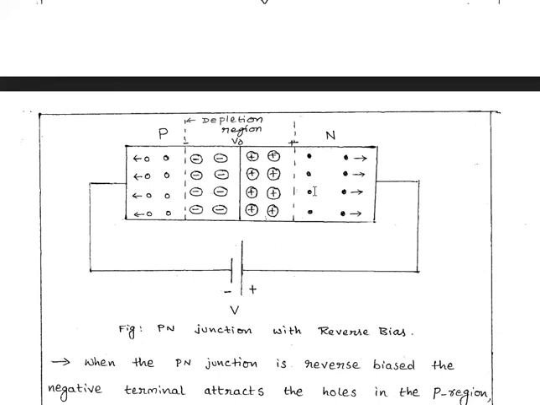This leads to breakdown of the junction, leading to a very large reverse current. The reverse voltage at which the junction breakdown occurs is known as avalanche breakdown.